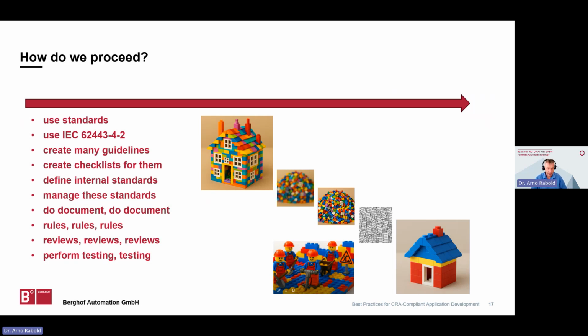Then you have to create many guidelines, create checklists, define internal standards, manage these standards, document, apply rules, do reviews and perform testing and so on. If you want to go from the left side to the right side, you have to use these checklists and these standards in order to go on.